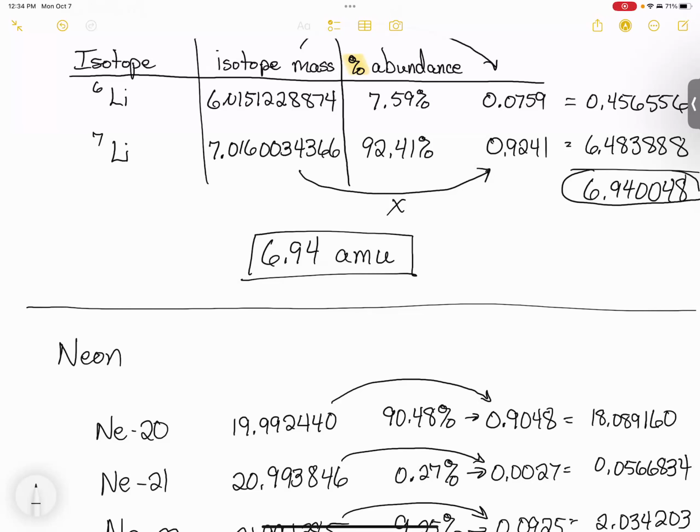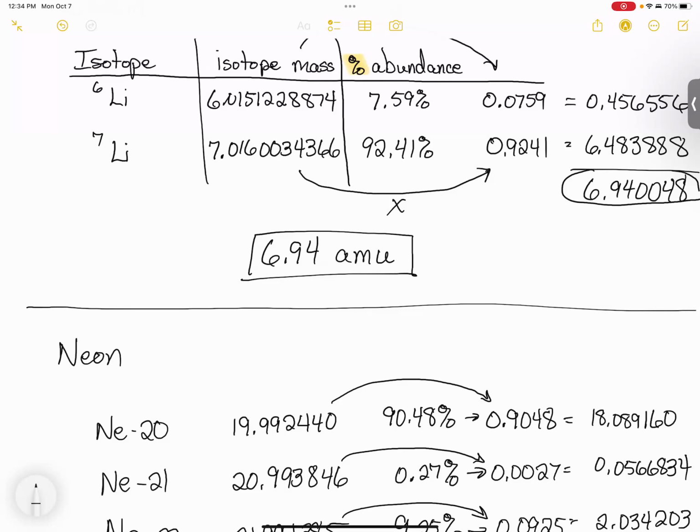Where did the isotope mass of 6.015112 come from? Well, it came from the fact that lithium has 3 protons, 3 neutrons, and 3 electrons. If you add up their masses and get a lot more specific, then you could get the 6.015.